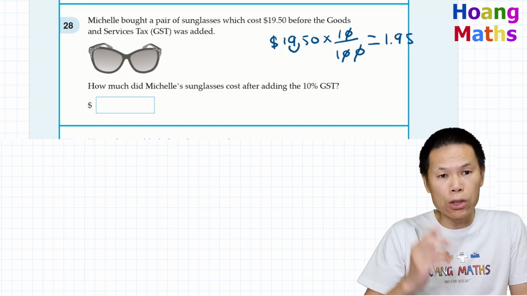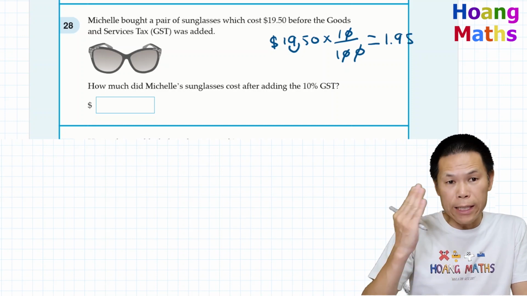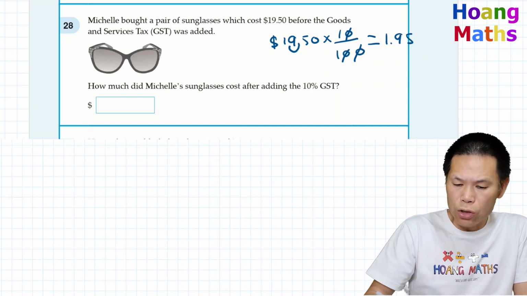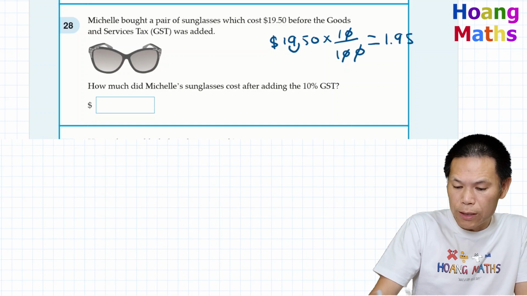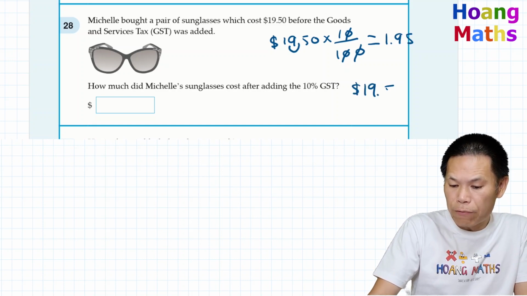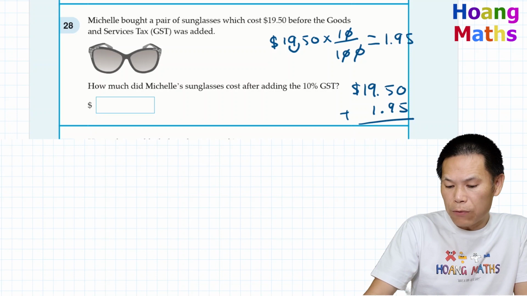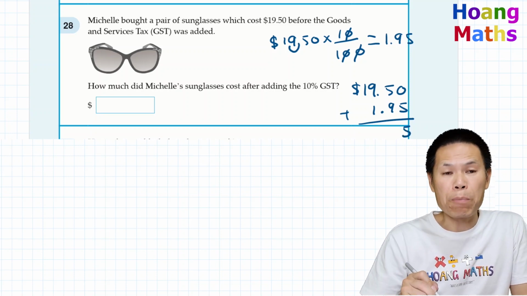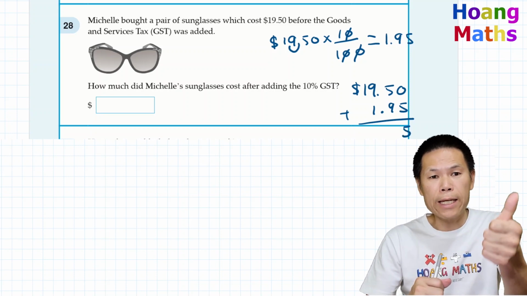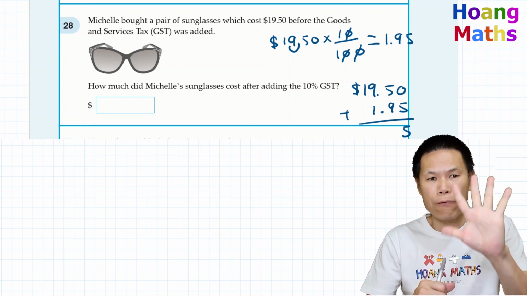So now that is $1.95. That is GST. So we need to add it on top of $19.50. So we just go $19.50, we add $1.95. So 0 plus 5 is 5. And 5 plus 9, we have 10, 11, 12, 13, and 14.